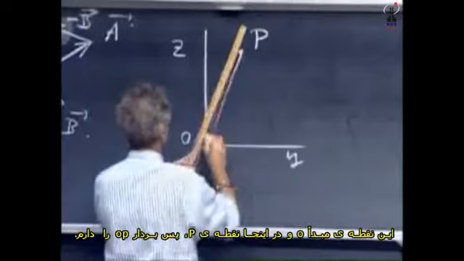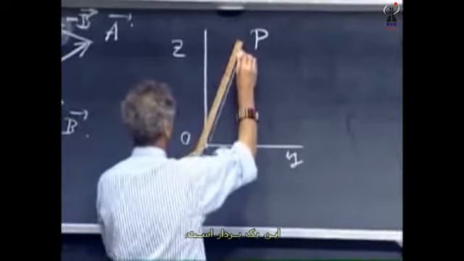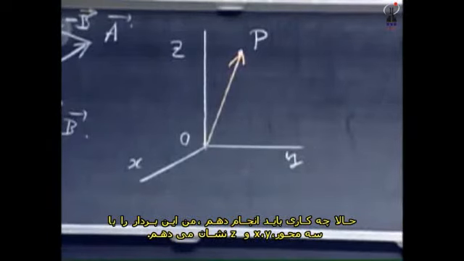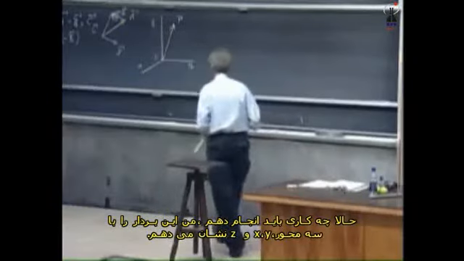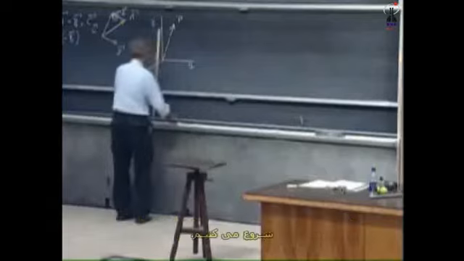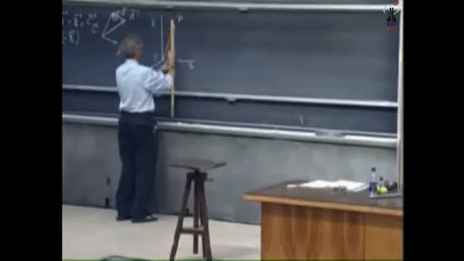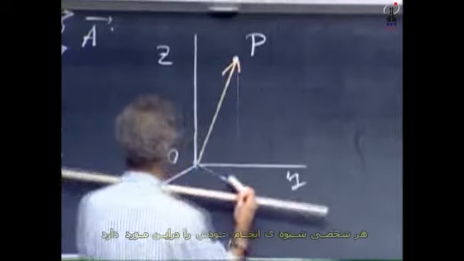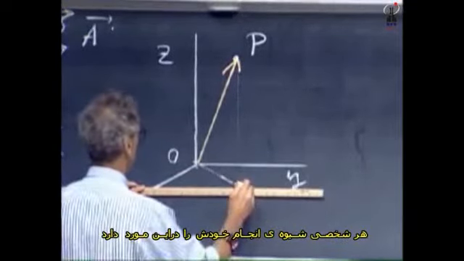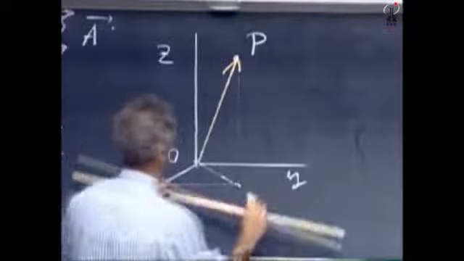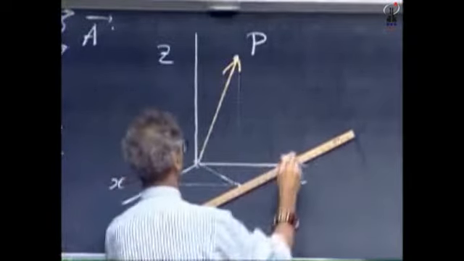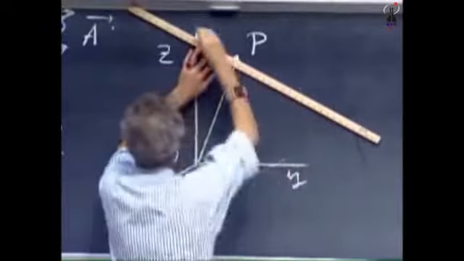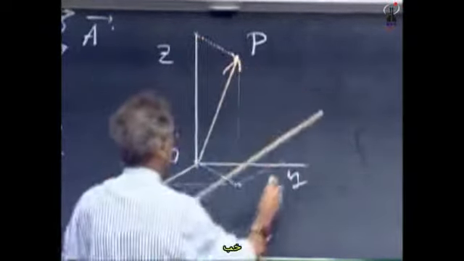and I have a vector OP. That's the vector. And what I do now, I project this vector onto the three axes, x, y, and z. So there we go. Each one has its own method of doing this. There we are.